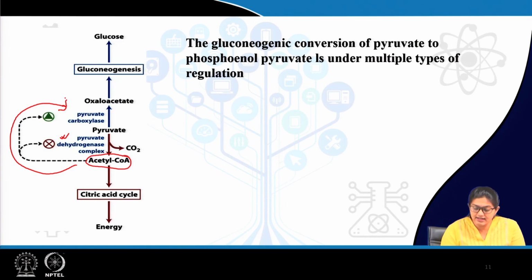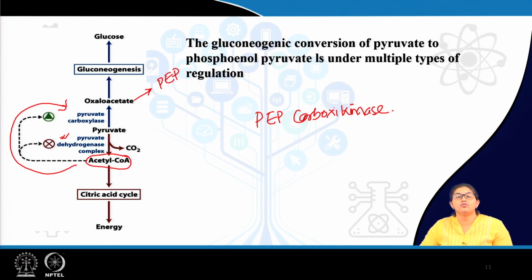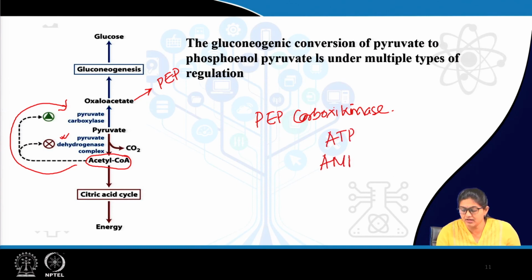Now, another enzyme, phosphoenolpyruvate carboxykinase, is also activated by different signals, and this is required for the formation of phosphoenolpyruvate from oxaloacetate. Phosphoenolpyruvate carboxykinase is also transcriptionally regulated and signaled by energy signal molecules like ATP, AMP, or NADH, NAD.